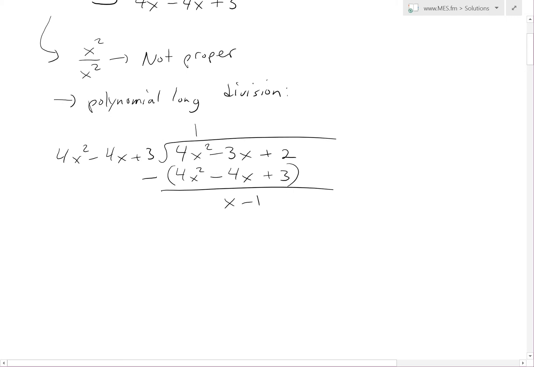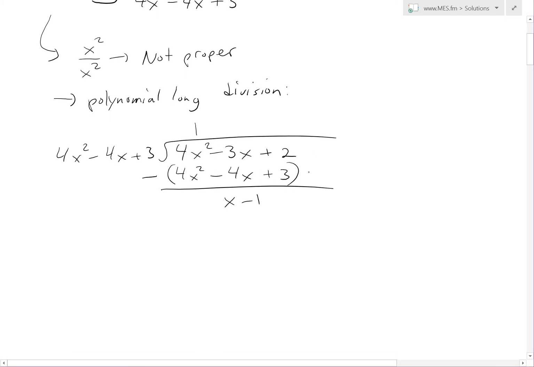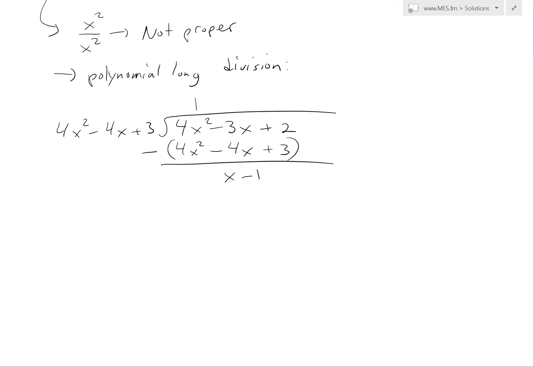Now we have to do the same thing. There's nothing to carry down. Is there a number to multiply 4x squared by to get x? We can't multiply 4x squared by any number to get this unless it's a division. So this is basically the remainder, and we just stop right there.